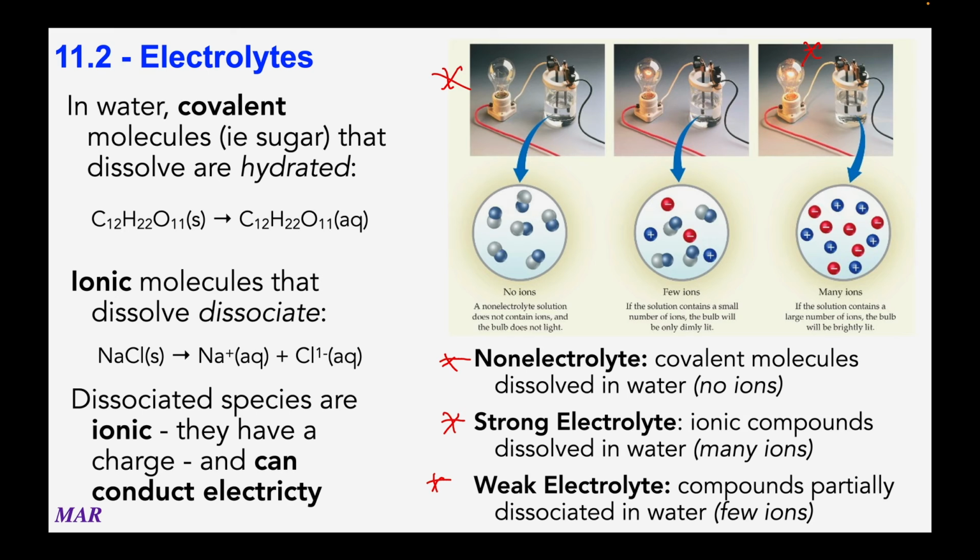However, it's only 1 in 10,000 of those that will actually break into positives and negatives. Most of them stay the same. So we'll talk more about weak electrolytes, but for right now, just notice that that light bulb up there is not very bright. You don't have as many ions. The electrons don't conduct as well from one side of the solution to the other. That's where the idea of the weak electrolyte pops in.